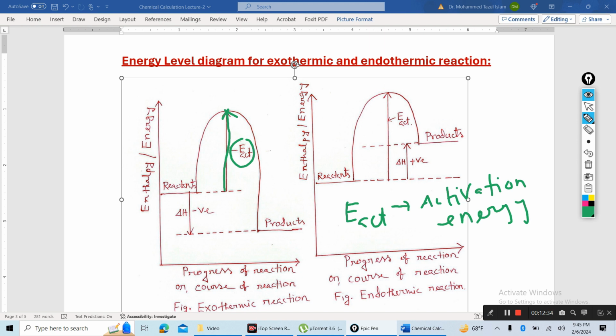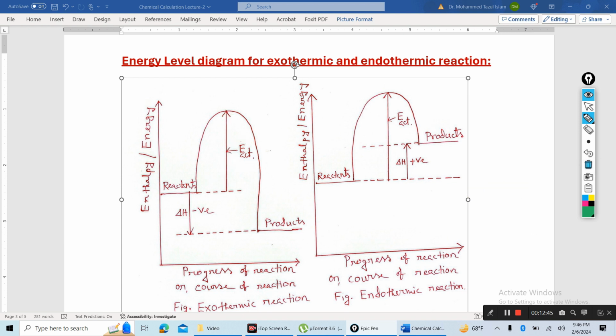What is activation energy? To start a reaction, the minimum amount of energy required is called activation energy. That means reactant goes to product, so reactant must surmount this area.